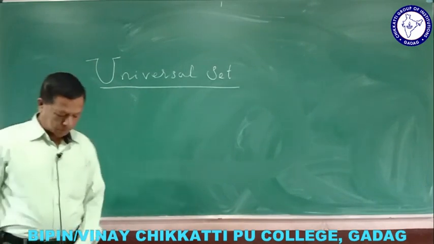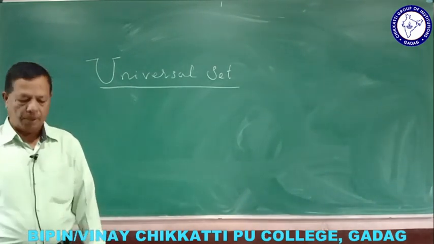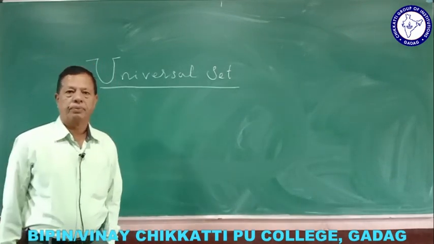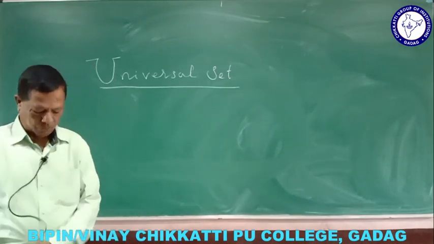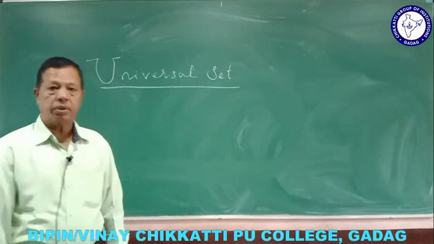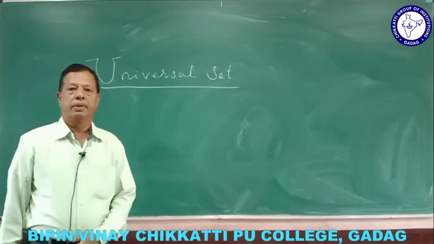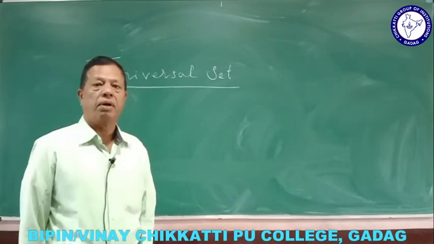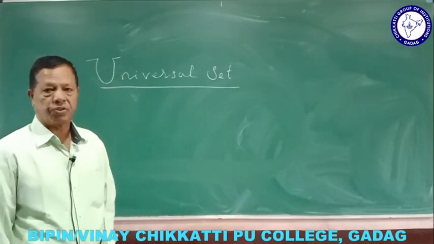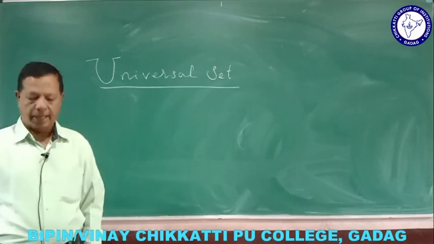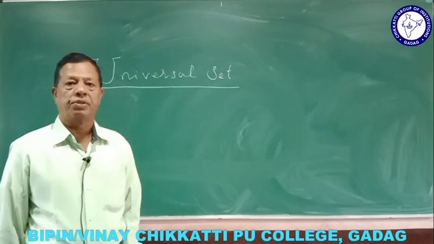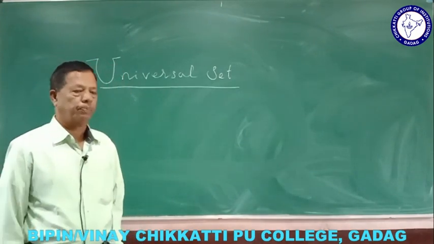There are some sets under consideration. They are supposed to be a set which is a superset of all the given sets. Then that is called the universal set of those sets.